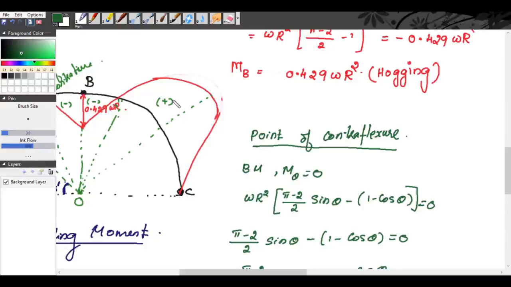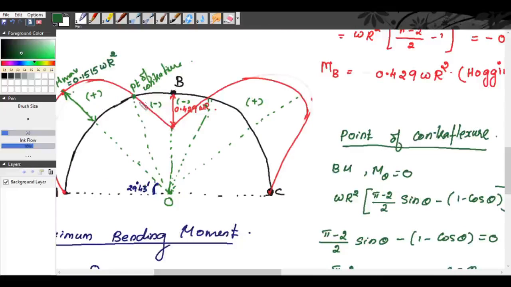See, you can see from the diagram, your theta lies between 90 degree and 29.43. It is greater than 29.43. It is less than 90 degree. Right? See this angle. You need to find what is this angle. So this angle is greater than 29 degree 43 minutes and it is less than 90 degree.